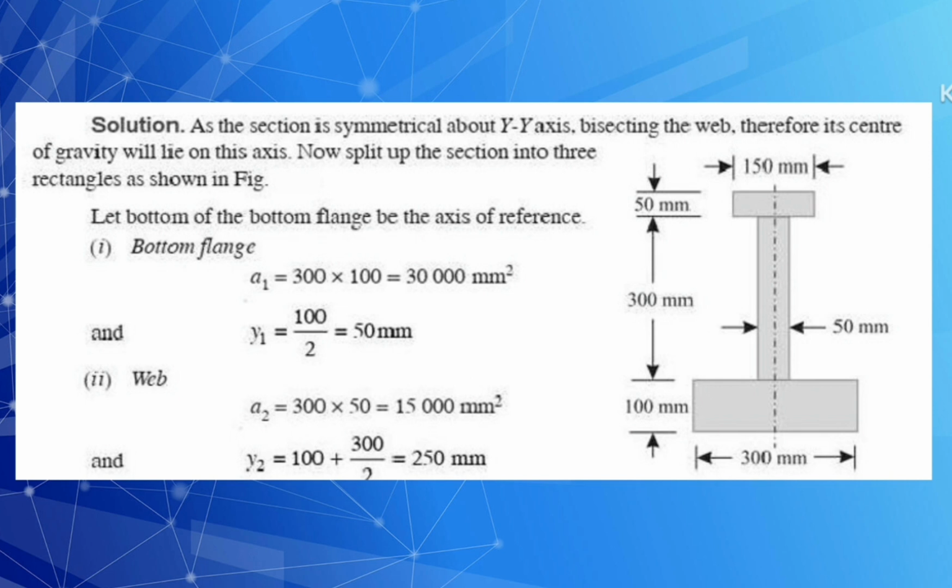For the bottom flange, A1 is equal to 300 into 100, which is equal to 30,000 millimeters square, and Y1 is equal to 100 by 2, which is equal to 50 millimeters. Next, for the web, A2 is equal to 300 into 50, which is equal to 15,000 millimeters square, and Y2 is equal to 100 plus 300 by 2, which is equal to 250 millimeters.